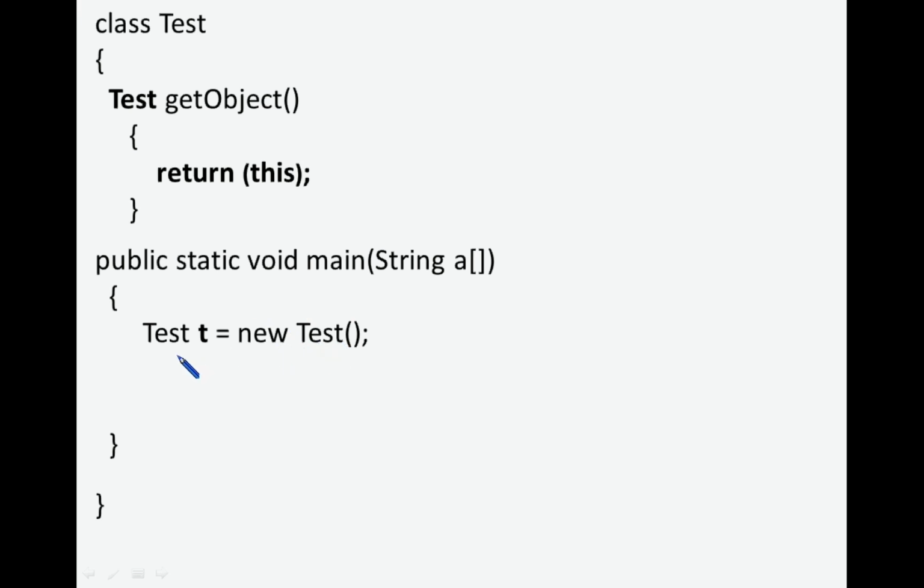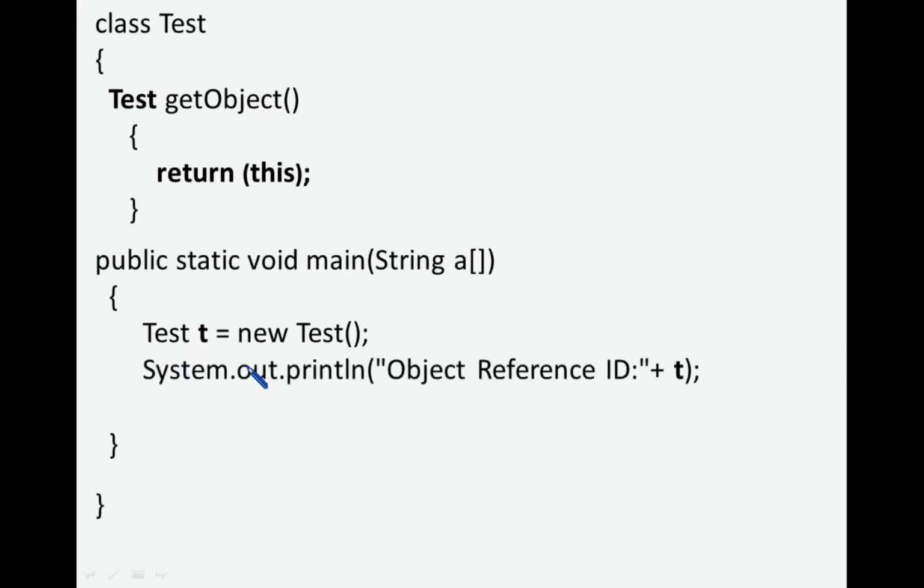Now we are going to print the object reference ID of t by using the System.out.println method. By simply giving t, we can get the object reference ID of this object.